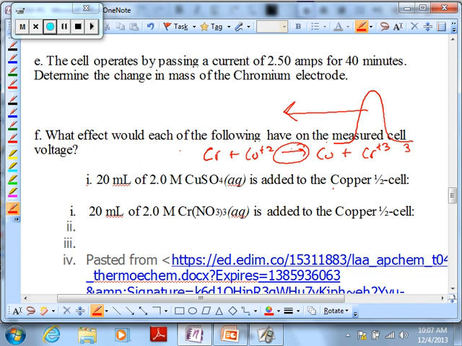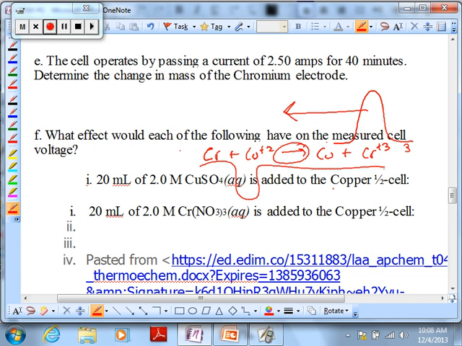If you added some phosphate in there, copper would make a precipitate with that phosphate, so copper's concentration would go down. We would shift away from hills and into the valley. So we would shift left, making our voltage decrease.